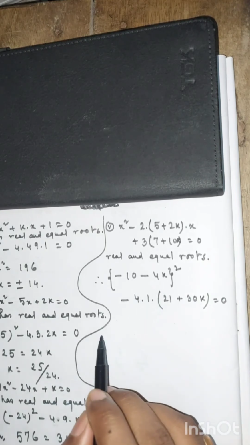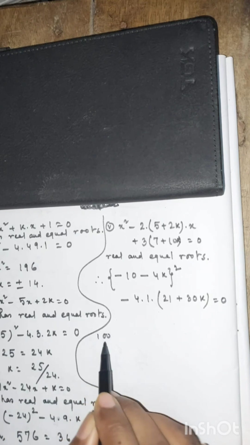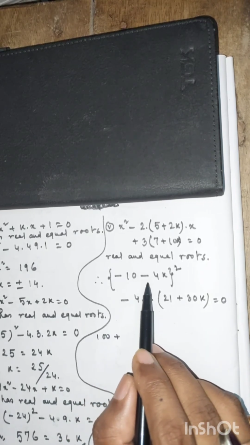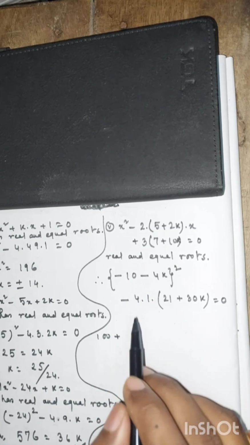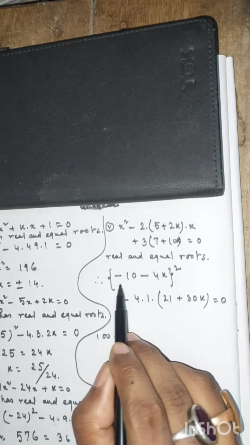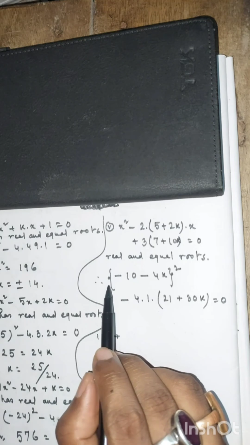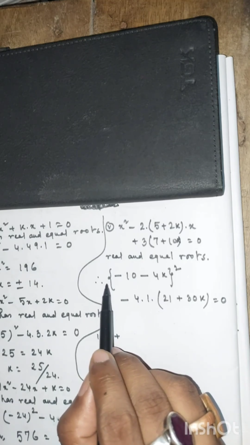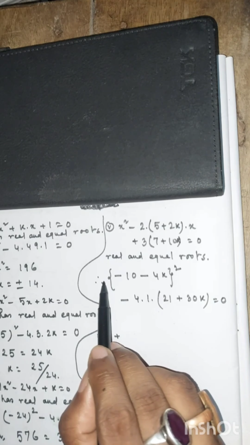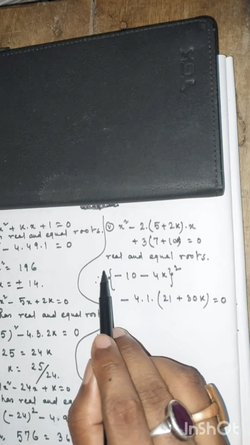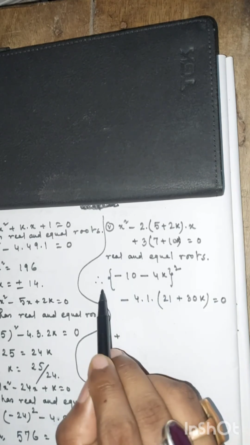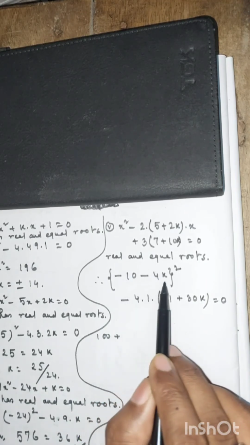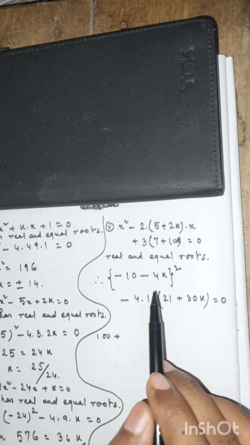So this part becomes 100 plus, when we take minus common, that minus 1 comes out of this bracket with a square. So minus 1 square is 1. So the numbers inside the bracket become positive.